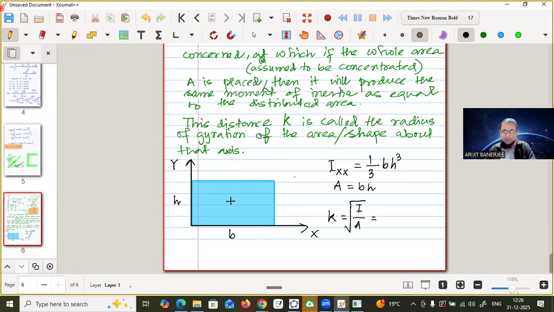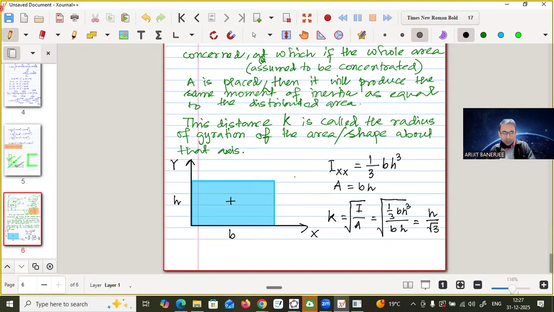What is I by A? BH cube by BH, so it is basically 1/3 BH cube by BH. Can you tell? BH will cancel, H square will remain. So, H by root 3.